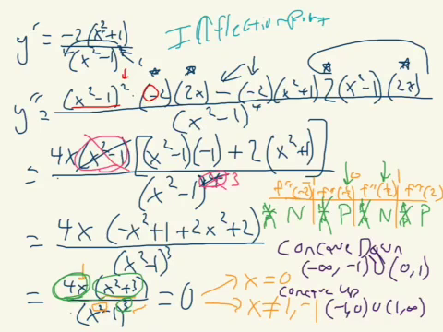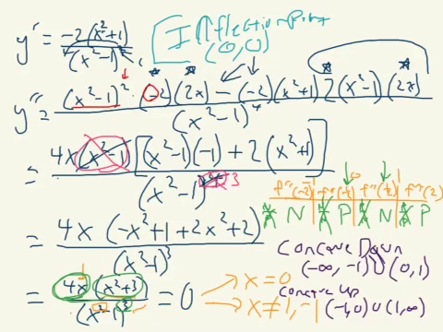But inflection points are points, they're on the graph. And -1 and 1 aren't in the domain, so we don't have to worry about it. Our only inflection point is at 0. And if we plug in 0 in the original, what do we get? Well, 0. That's our x-intercept and our y-intercept. No shocker there. Our inflection point is that x-intercept and y-intercept, 0, 0.